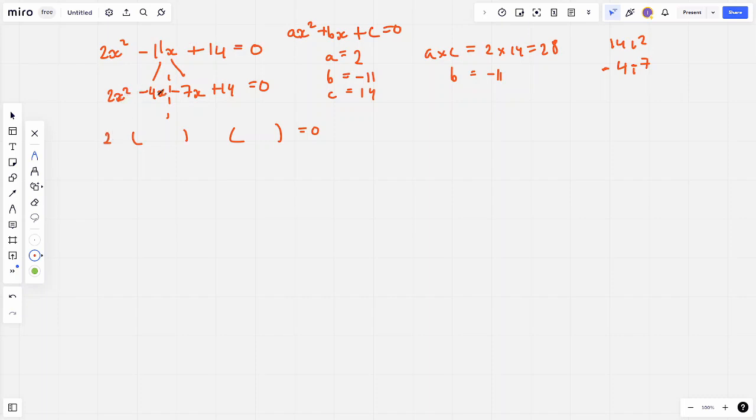What else is in common? We've got x, which is in common, as it's got an x squared term and an x, but that's about it. So 2x multiplied by something must equal 2x squared. So it's just missing an x value. And then we've got 2x multiplied by something must equal minus 4. Well, 2 times 2 equals 4, and it's a negative, so it's missing a negative 2.